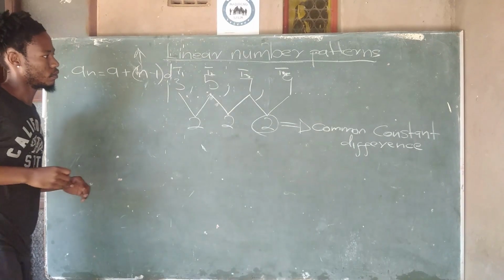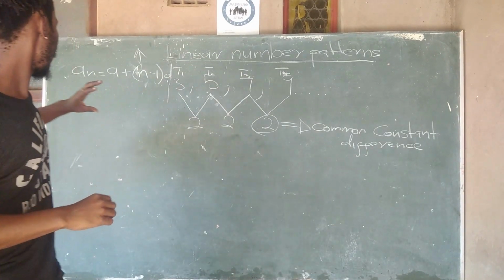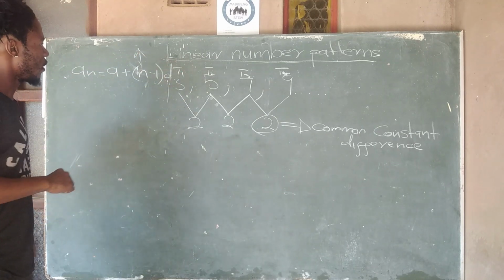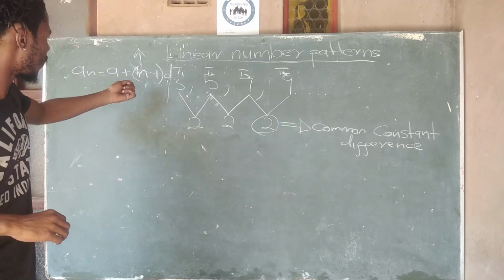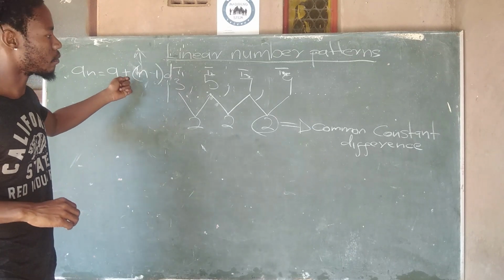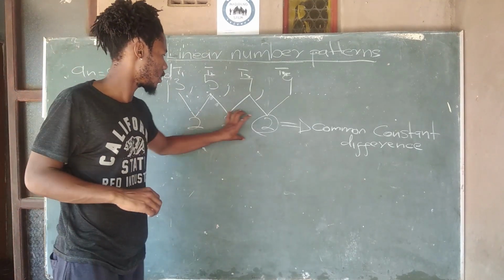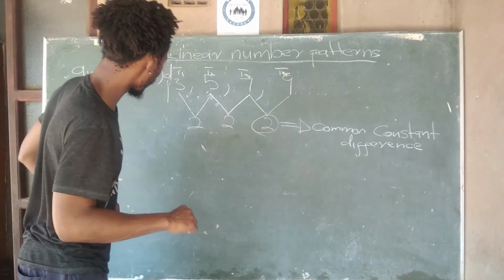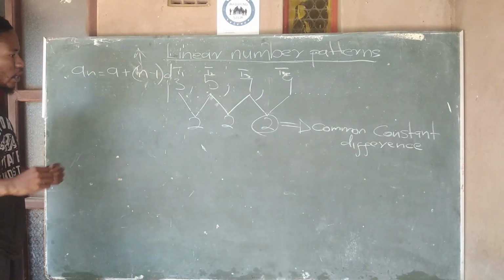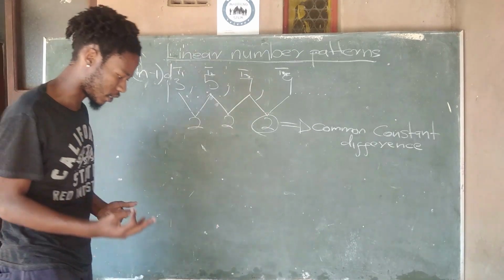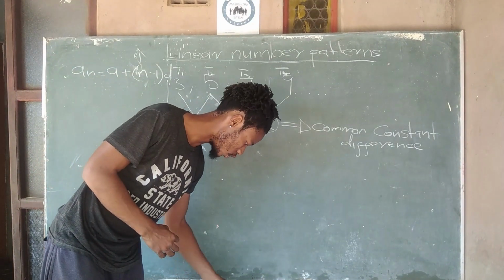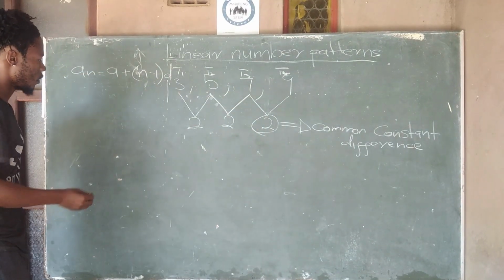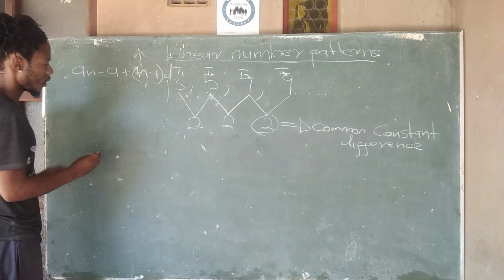I will show you right now. This is your general formula for the linear number pattern. So you use this formula to find the general term, guys. If you have a constant difference, you know that you can use a shortcut without using your formula.